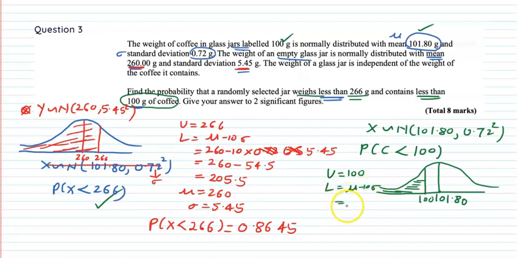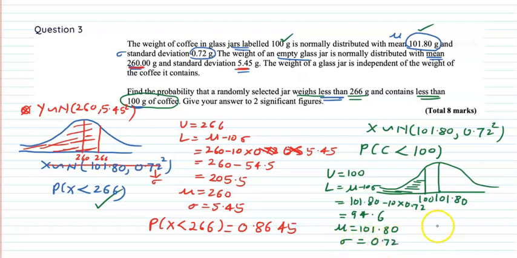So mu is 101.80 minus 10, and sigma is 0.72. Once we simplify it, it comes 94.6. Okay, and mu is already here 101.80, and sigma is 0.72.